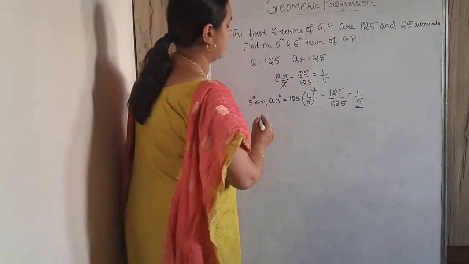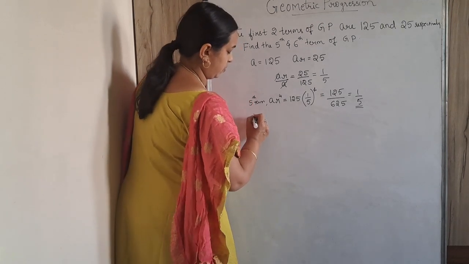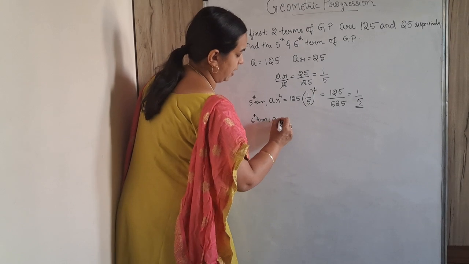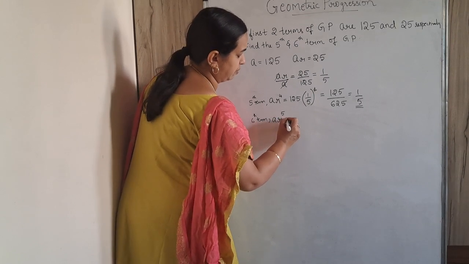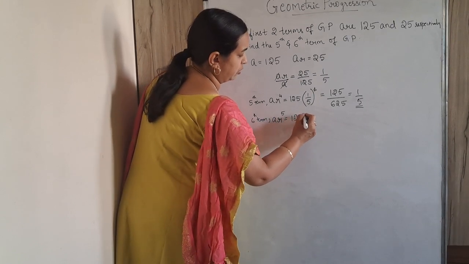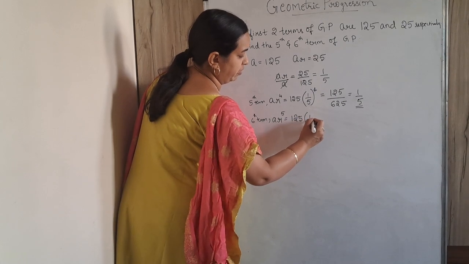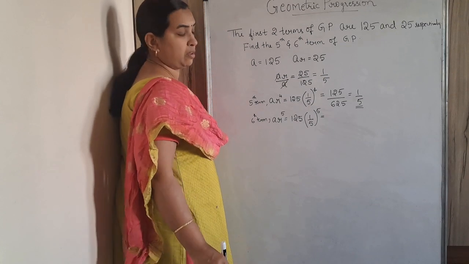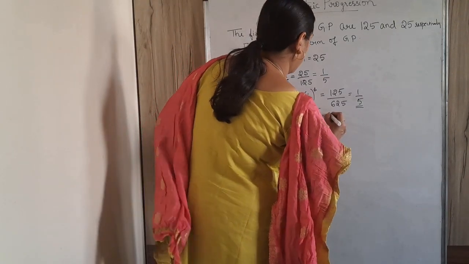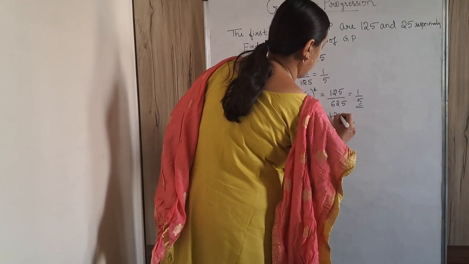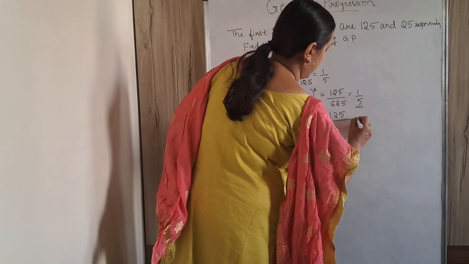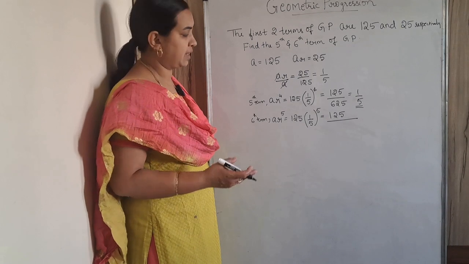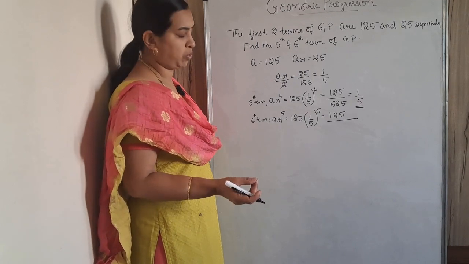Again, the sixth term can be written as AR to the power of 5, which is nothing but 125 into 1 by 5 whole to the power of 5. So this will be equal to 125 divided by, instead of calculating 5 power 5, you can write it as 5 5s are 25, 25 5s are 125.